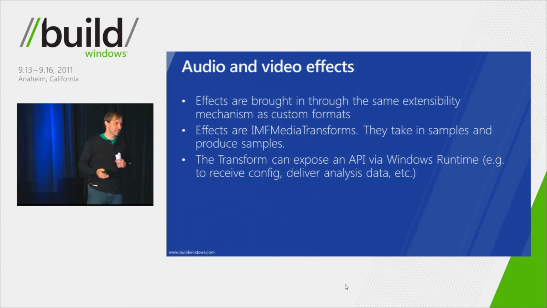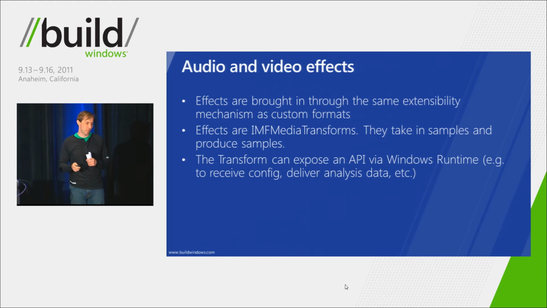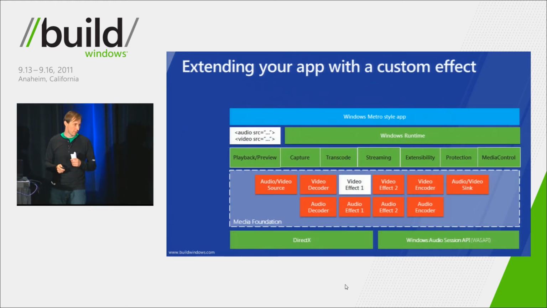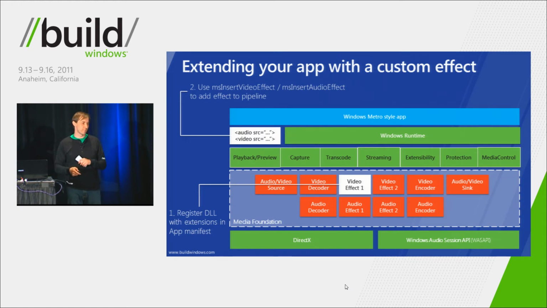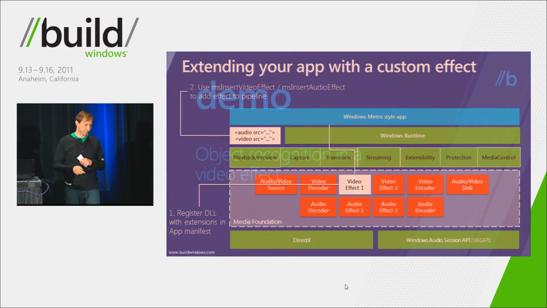An example would be if I want to visualize audio through an FFT transform, then I need the peak data from that effect. The effect will just pass through the data, but it will report the values to me. Again, same mechanism: you register in the manifest, and then you use the MS insert video effect and MS insert audio effect attributes to add the effect to the pipeline.